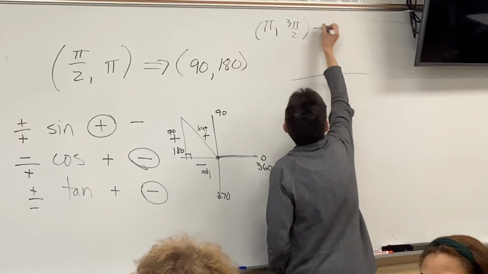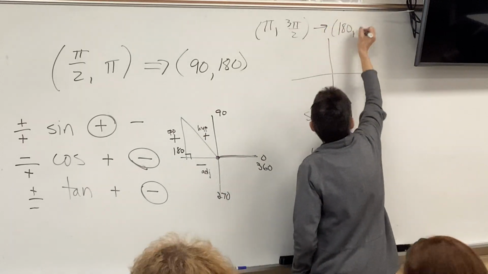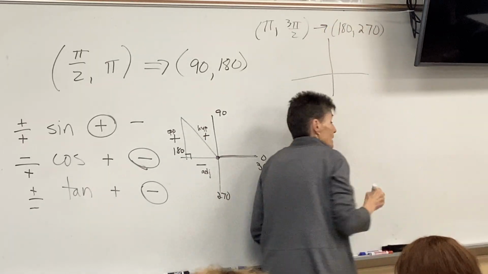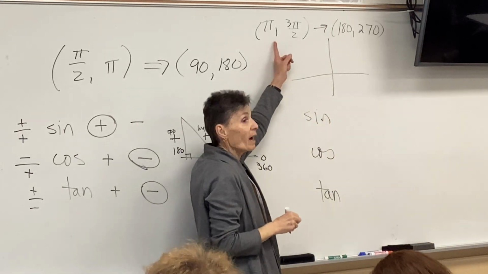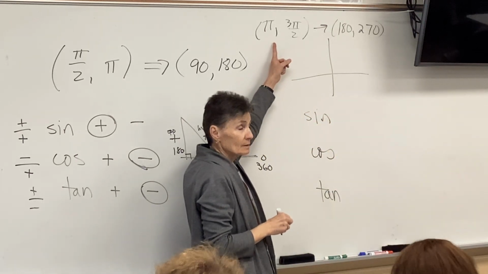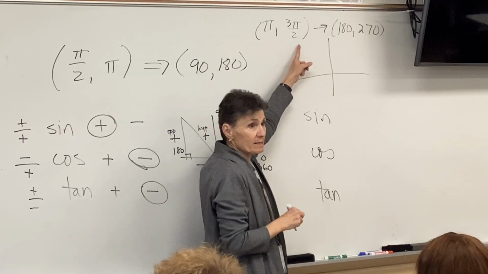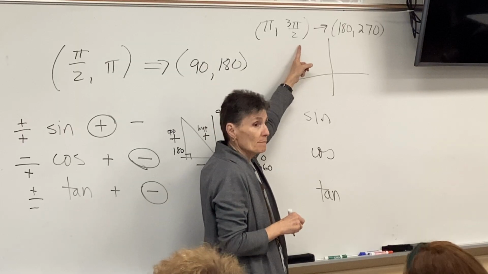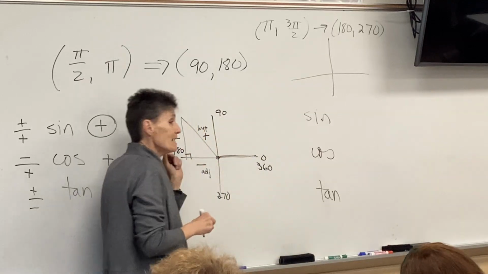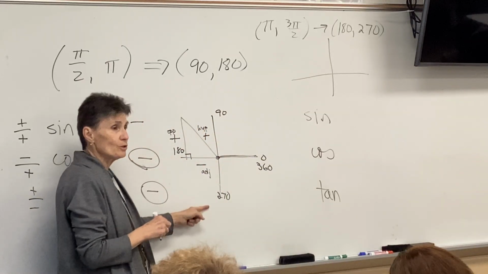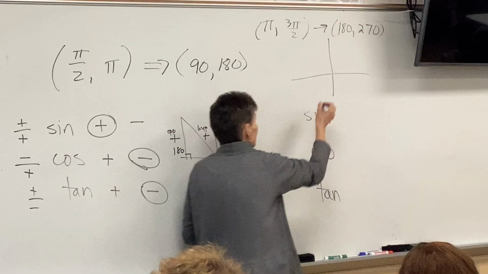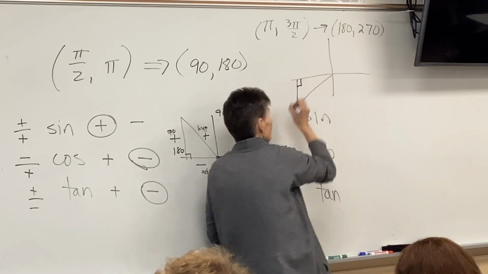Somebody said that. 180 to 270. He knew 180 because pi is 180. How do you get 270? 3 180s divided by 2. So if I am between 180 and 270, I am here in quadrant 3.